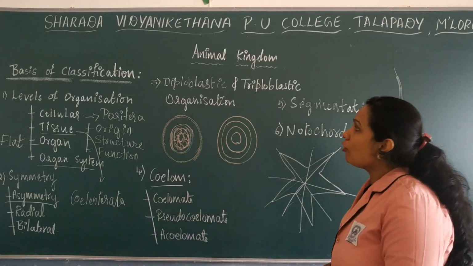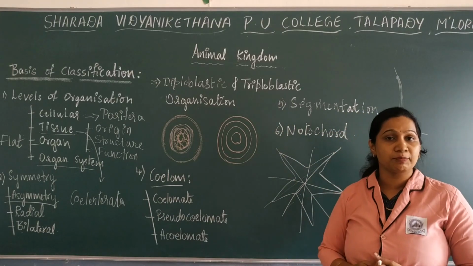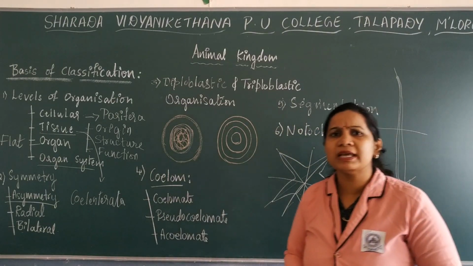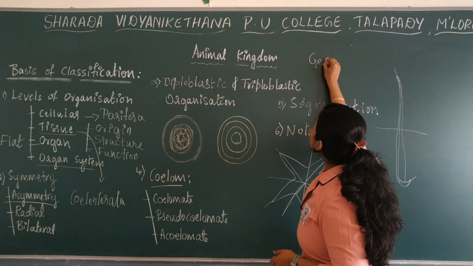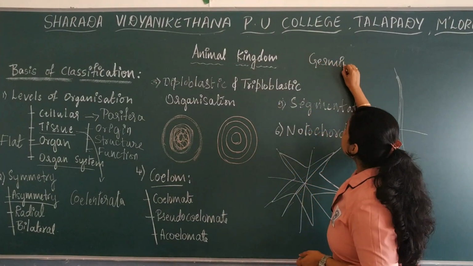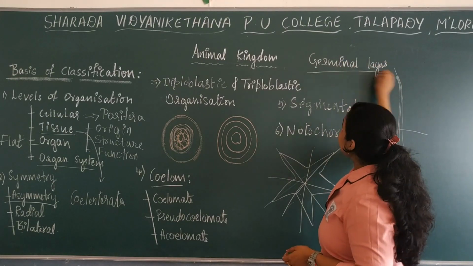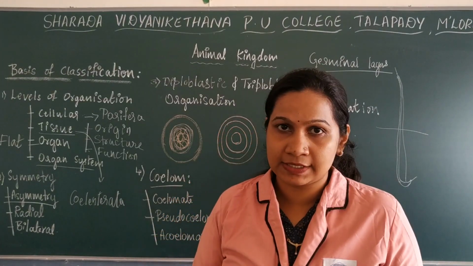Next is whether the organism has a diploblastic or triploblastic organization. So what is this diploblastic and triploblastic? That refers to the germinal layers. So what are these germinal layers?